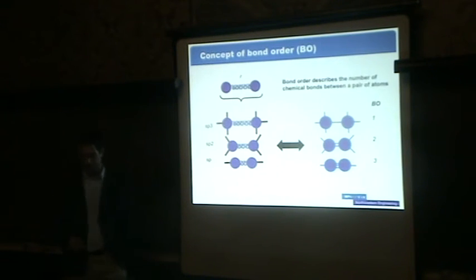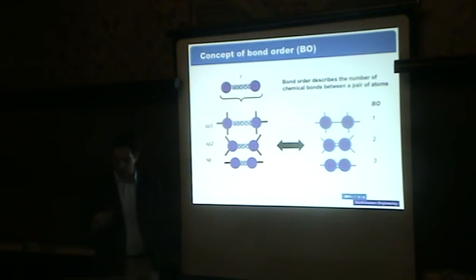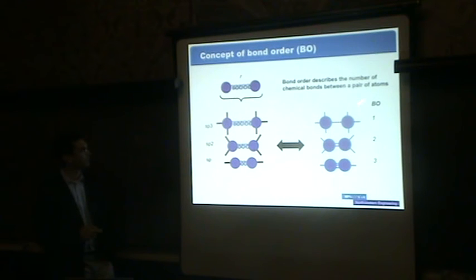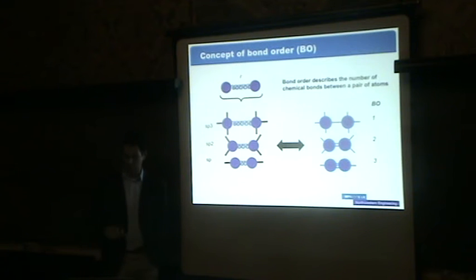The idea is to define a numerical description of these changes in the bond order, or the strength of the bonds, and make it smooth, so that as you stretch the bond, you can go from triple to double, or make other kinds of transitions depending on the chemistry of the environment.